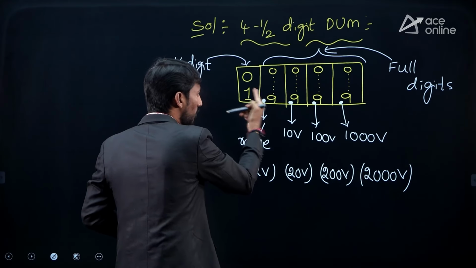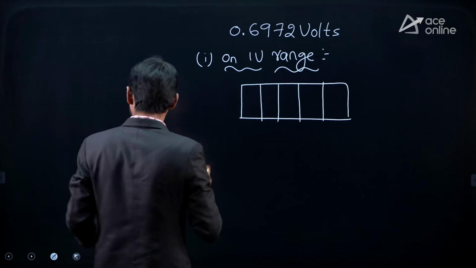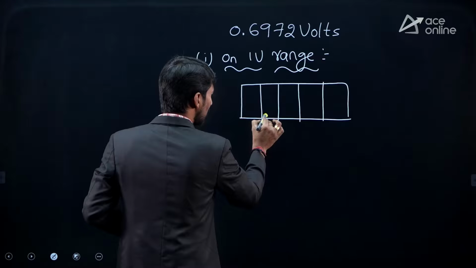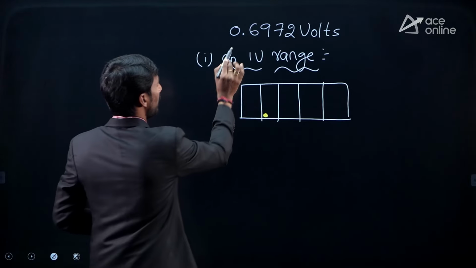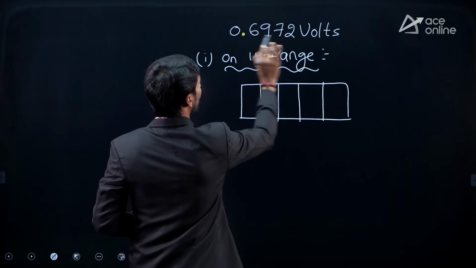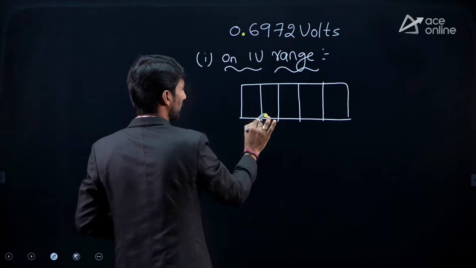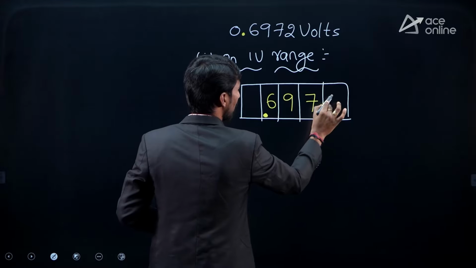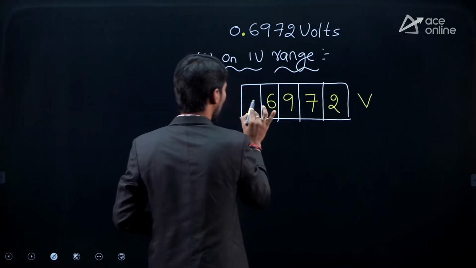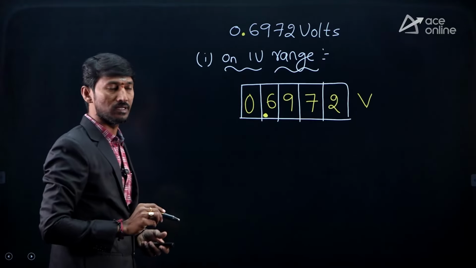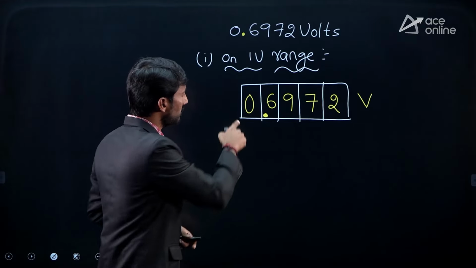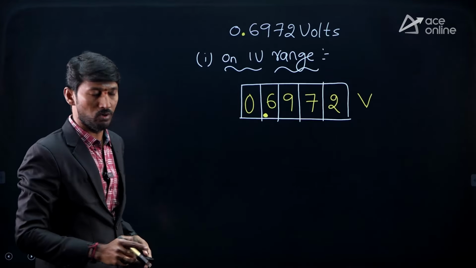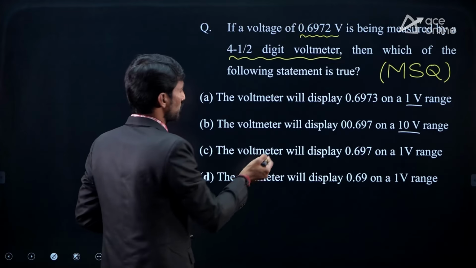Here. Now from the decimal point you start writing: 6972 volt. So on the 1 volt range the display will be 0.6972 volt.